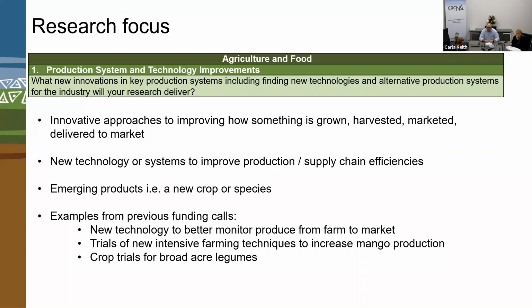We've also looked at better ways of producing mangoes so that we can increase technology and automated picking, as well as simply looking at what broadacre cropping projects would be best for Northern Australia.